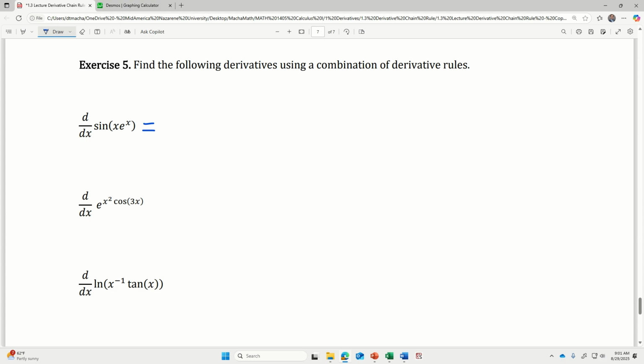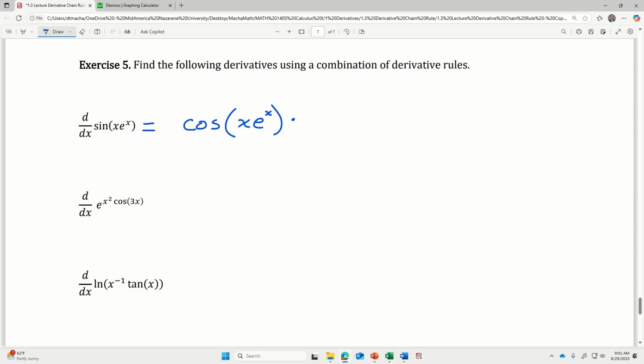Now the outside function is sine, so the derivative of sine is cosine. And I leave the stuff on the inside alone. But now when I go to multiply times the derivative of the inside function, the inside function is x times e to the x. And so for that inside function, when I go to take that derivative, I have to think about the derivative product rule.